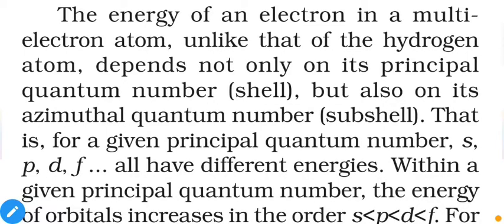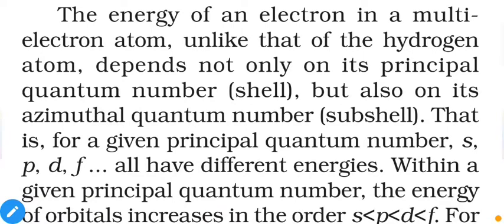So increasing L value represents increasing energy. s represents least energy, then p, then d, and then f. So the lowest energy of these four will be from s, and the highest energy will be from f orbitals.